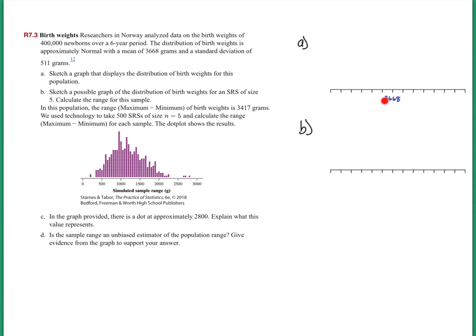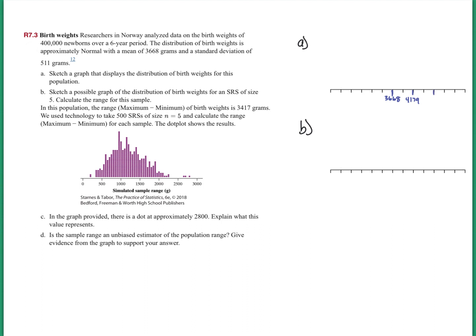So just add 511 to this a couple times, and we'll get different standard deviations away from the mean. Okay, so if you add 511 to 3,668, you get 4179. So here this will be this one, and then this next one is 4179.